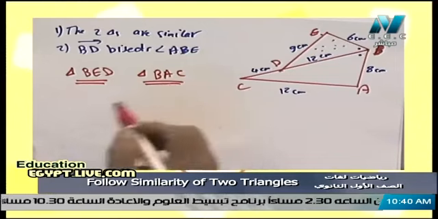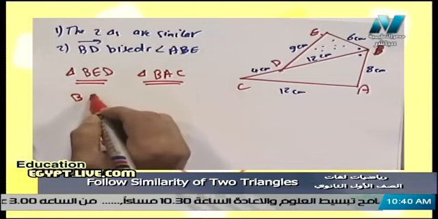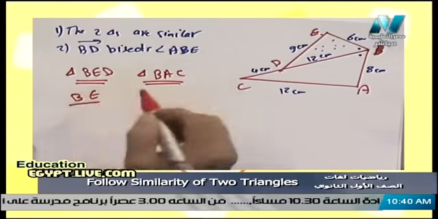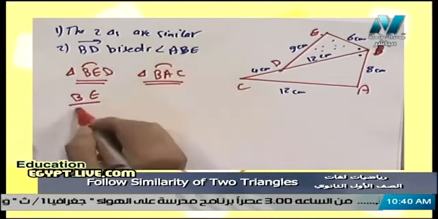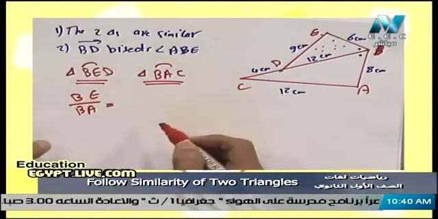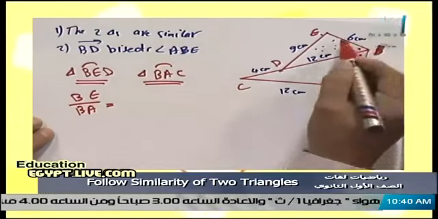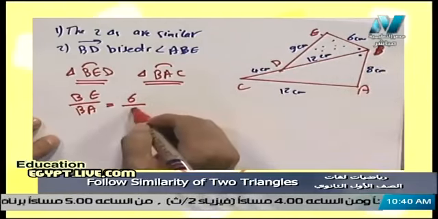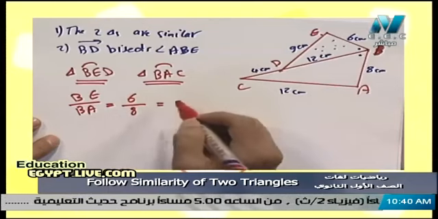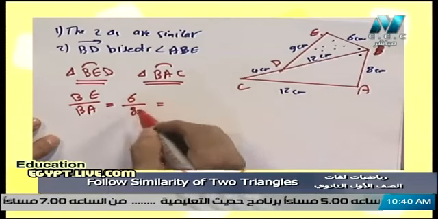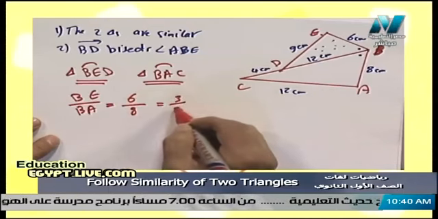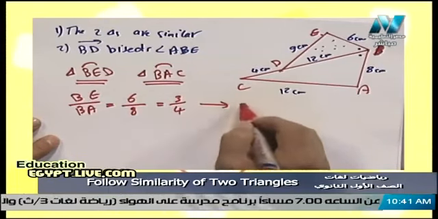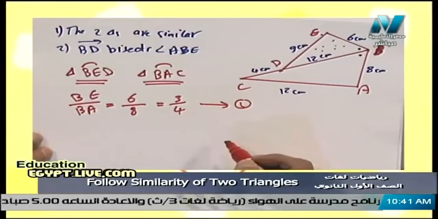To prove that, we will divide BE over BA. BE here equals 6 centimeters and BA equals 8 centimeters. In simplest form, by dividing them by 2, it will be 3 over 4. Call it number 1.